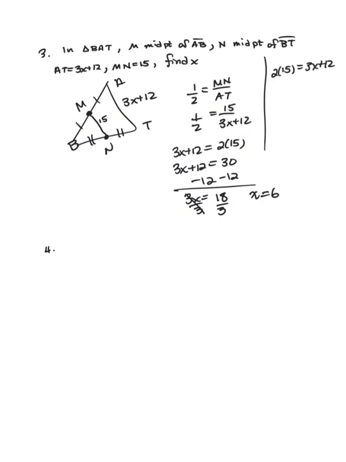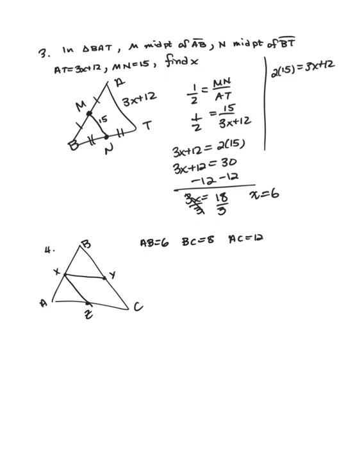This is a question they seem to like to put on the Regents several times. So we have triangle ABC. Okay, let me draw the picture for this. Usually they give you this one. Okay, so we have this triangle ABC. We have AB equaling 6, BC equaling 8, AC equals 12.